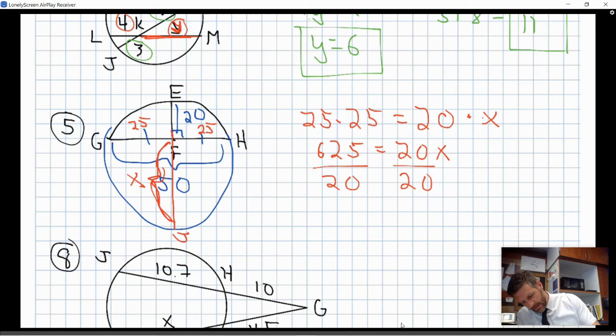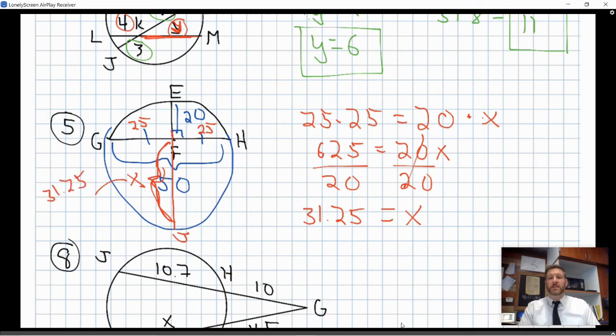And so X equals 31.25. So that means this piece right here is 31.25. So that's not your final answer though, because again, it asked for the diameter.